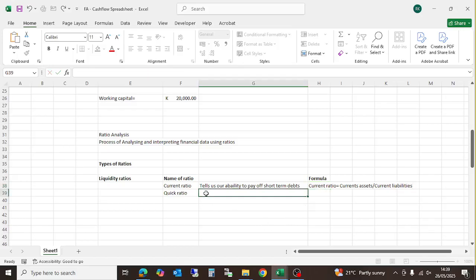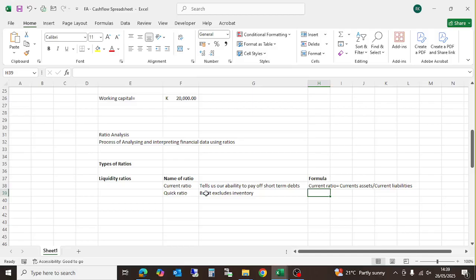And then a quick ratio is more like a current ratio. It shows us our business's ability to pay off short-term debt, but it excludes inventory. It first takes out the inventory, and then it divides the remaining amount by the current liabilities. By the way, the quick ratio is also known as an asset test.